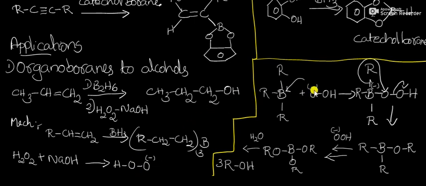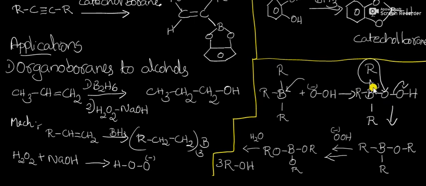When this nucleophile adds to the boron, and boron is electron deficient, it will be converted into R3B-OOH, with boron having a negative charge.